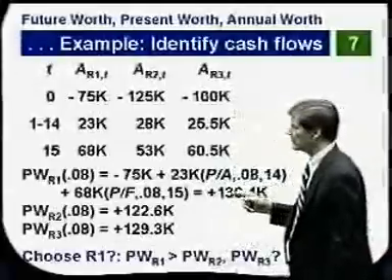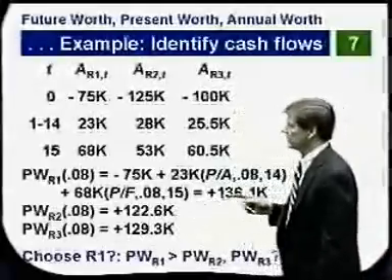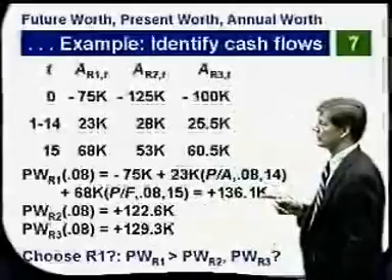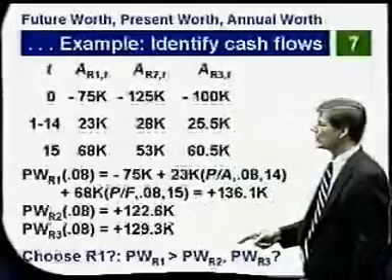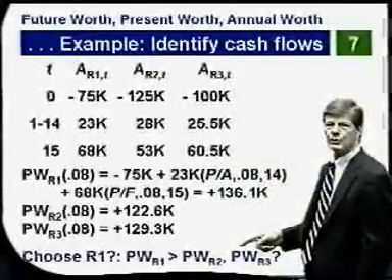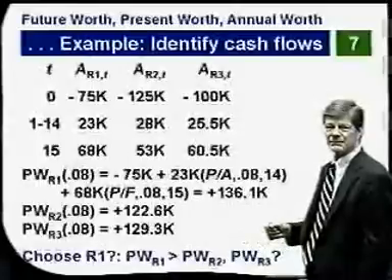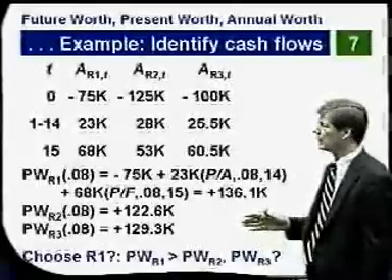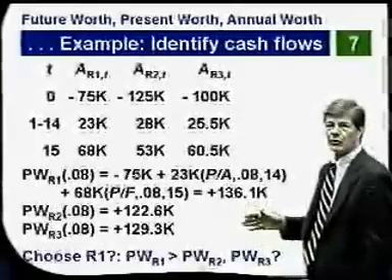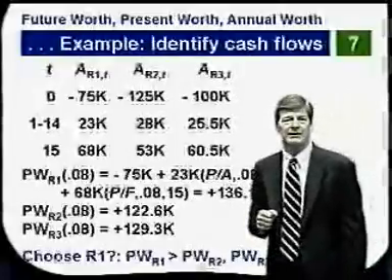And in comparing these present worths, we would note that the present worth for Route 1 is greater than the present worth for Route 2 and Route 3. And they would conclude, therefore, Route 1 is the preferred course of action.